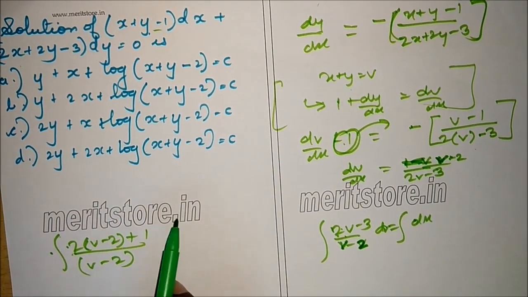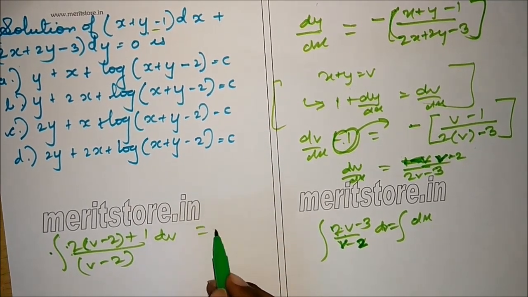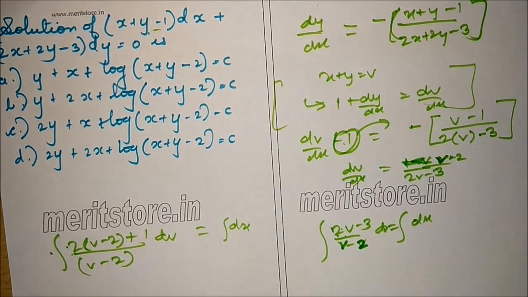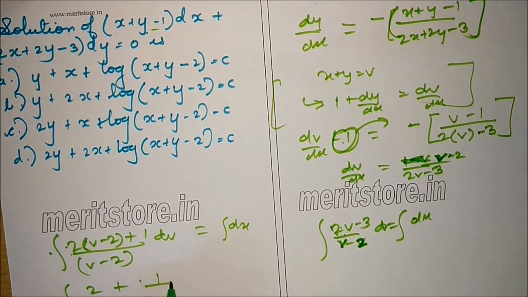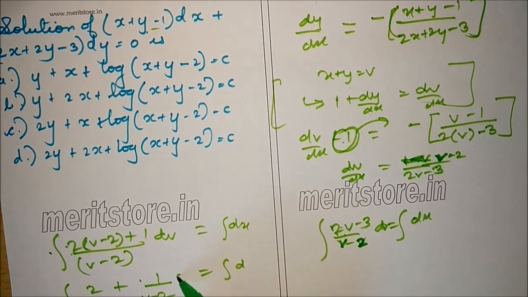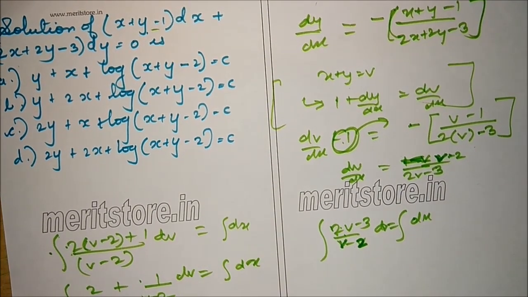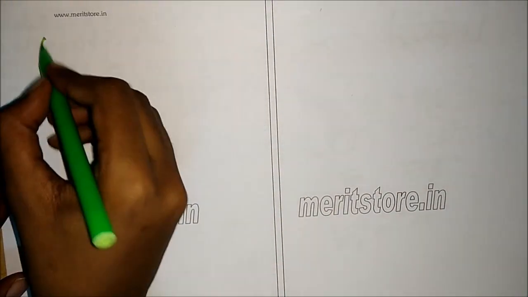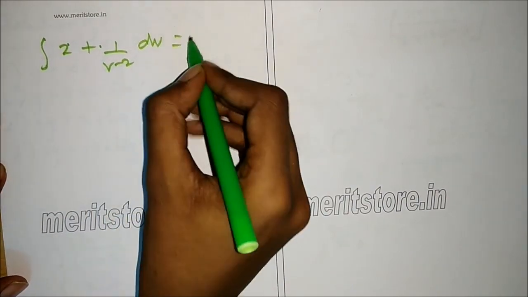So this will be 2 into (v minus 2) plus 1 divided by (v minus 2) dv equals integration of dx. Now splitting the numerator, this will be 2 plus 1 by (v minus 2) dv is equal to integration of dx.